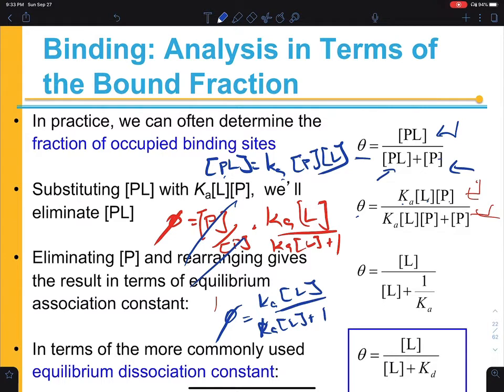And since Ka is a constant and not a variable, we can also pull that out. So theta is equal to L over L plus 1 over Ka, right? We simply divide both sides of this quotient by Ka.